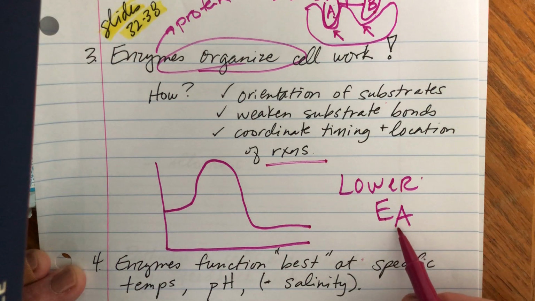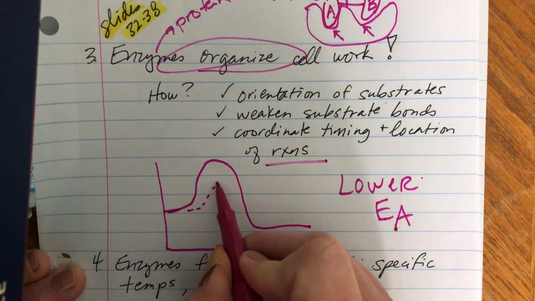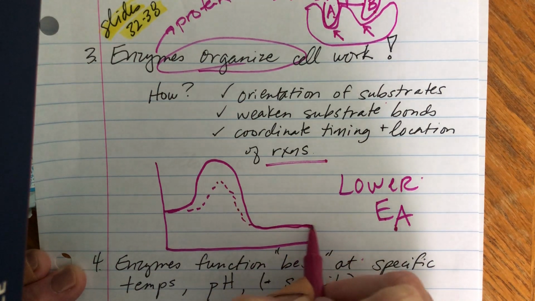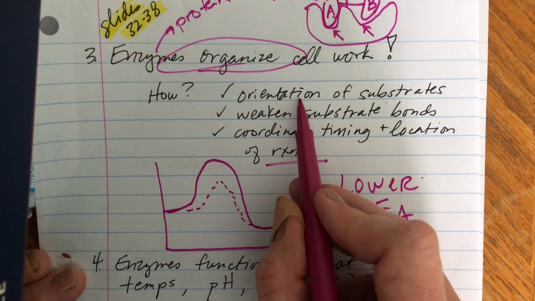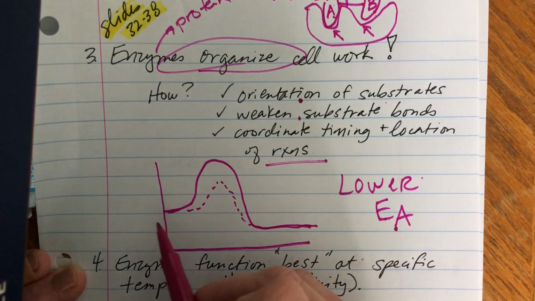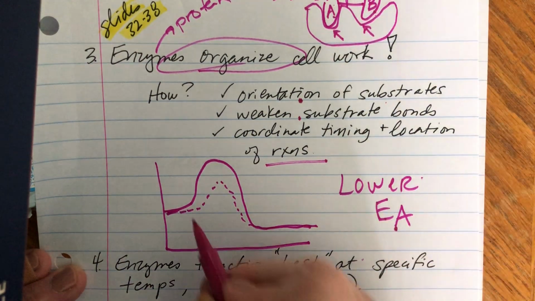This is energy subscript of activation. How do they do that? They weaken substrate bonds. They position those substrates in the correct position while they are reacting. They make a meeting place and an energetically possible reaction to occur.